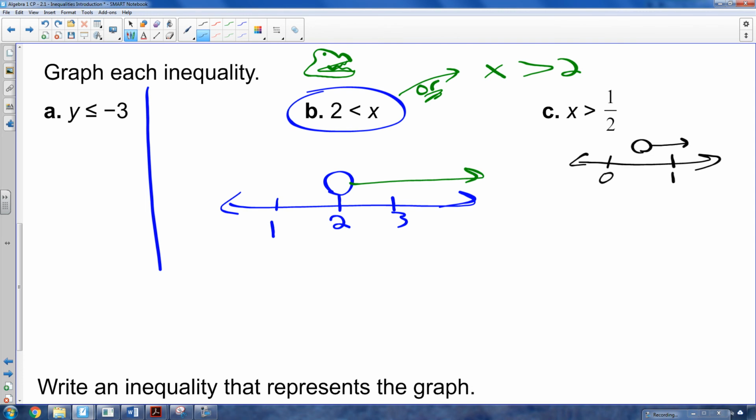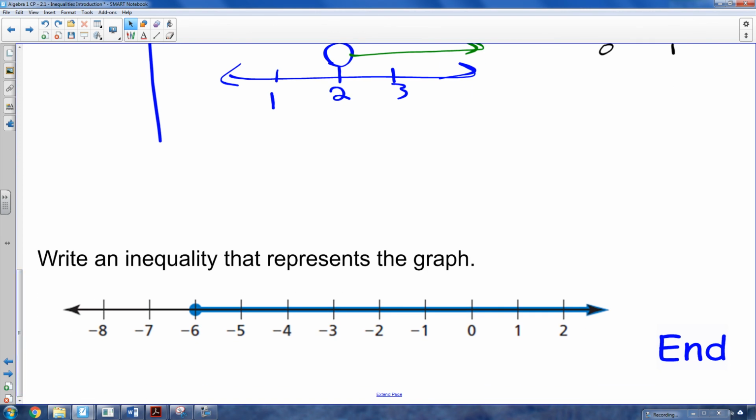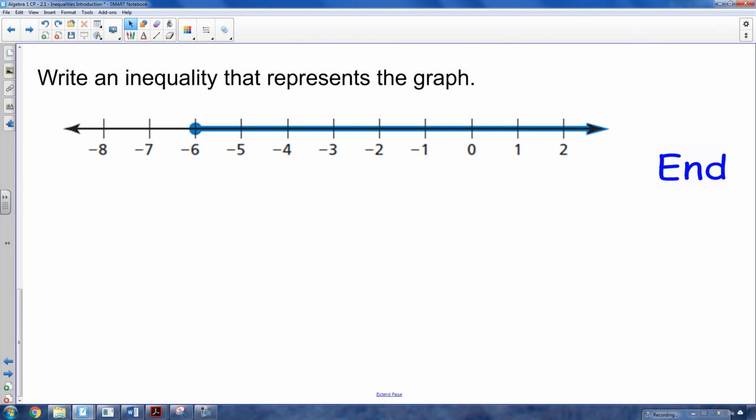And the last thing for today on this video is to write an inequality for this graph. We did it before, so we look at the number and we look at the symbol. I see that it's closed, which means that it's included, right? We're including that.